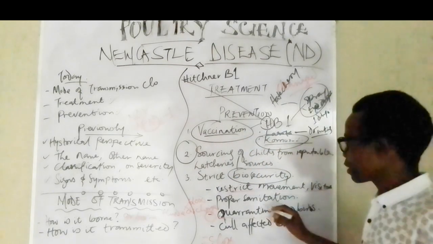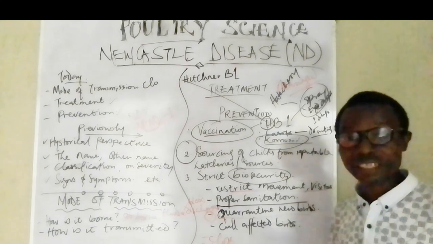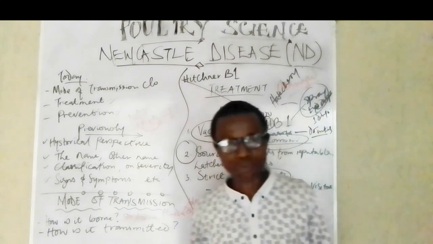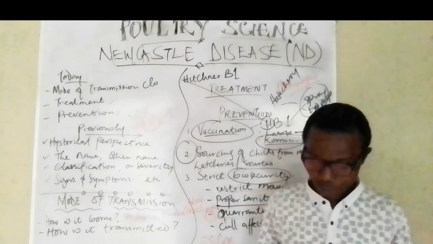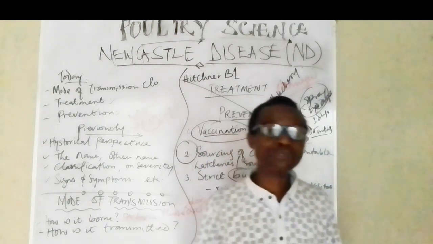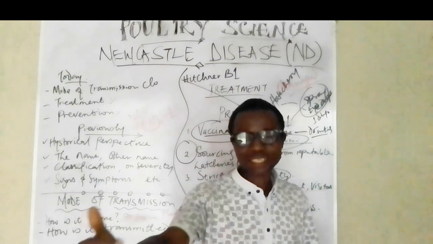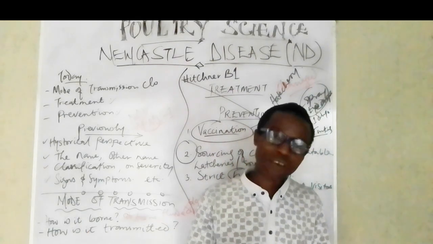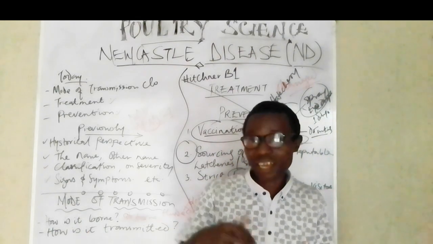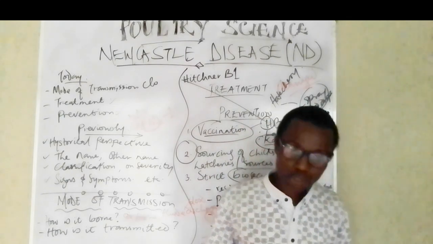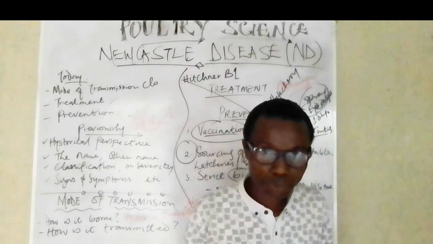Then we go to proper sanitation. Of course, you go with our saying: keep clean. Have a foot dip at the entrance of your pen. Anyone going in should first put the leg into the foot dip. At the entrance of your pen, you have water that has strong disinfectant in it, so their foot is always put in.